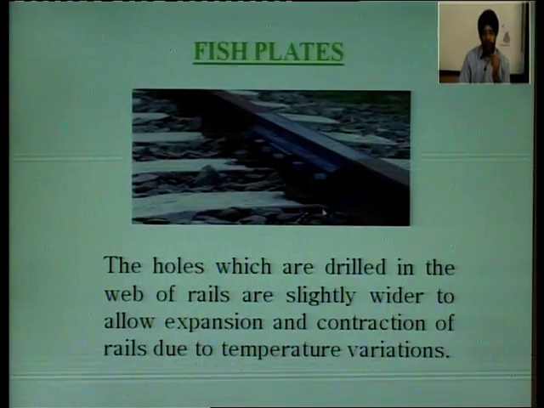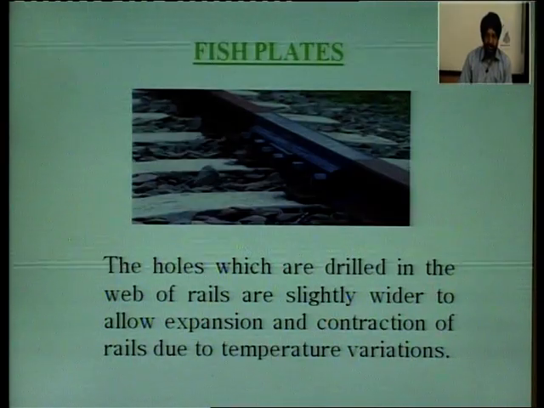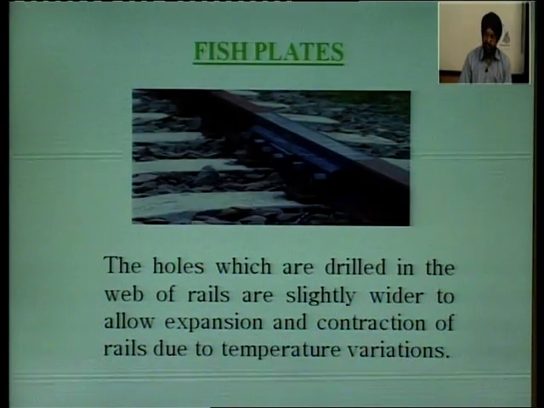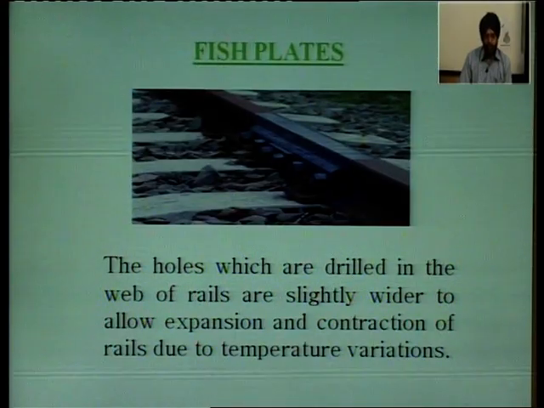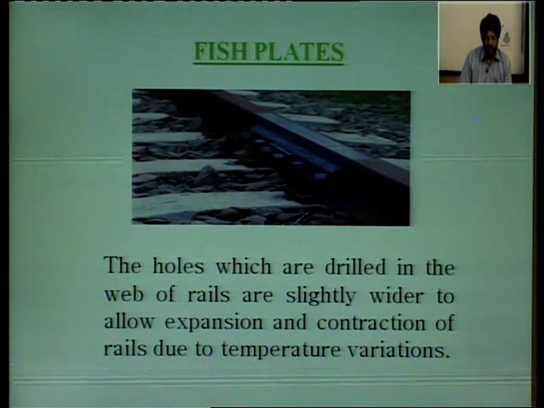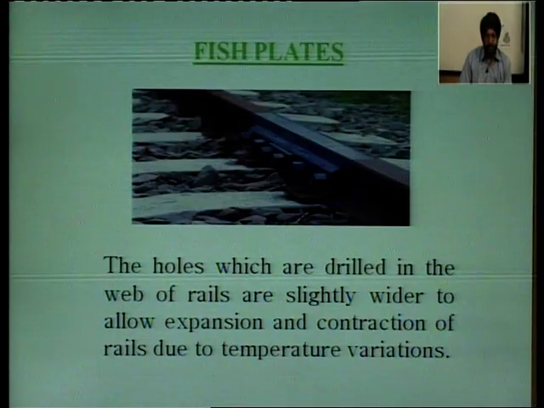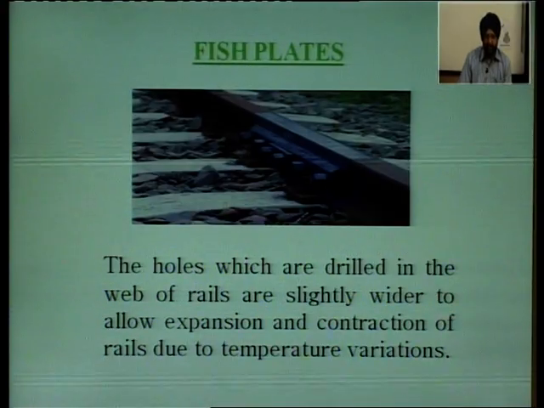Now, something more about it. The holes which are drilled in the web of the rails are slightly wider. This is very much understood: if we are passing the bolts through those holes, the holes have slightly wider dimensions than the bolts. Why? To allow the expansion and contraction of the rails.